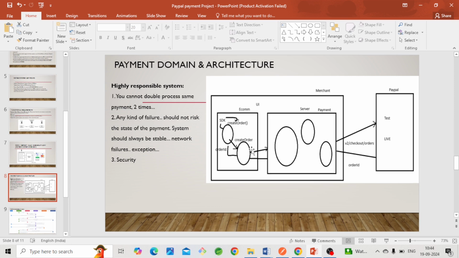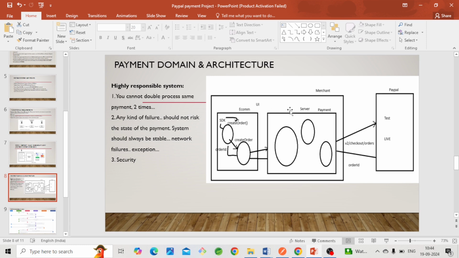If you observe the e-commerce platform, suppose Amazon, it has a front end page and a backend server. Similarly, we are part of the payment system, and we are developing only the backend system for this payment processing.